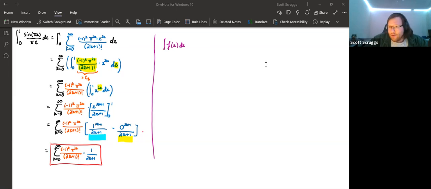So sometimes when you take an integral or derivative, it might be awful. What might circumvent that is, oh, well, I know that f of x has a power series, Taylor series, Maclaurin series, or something like that.